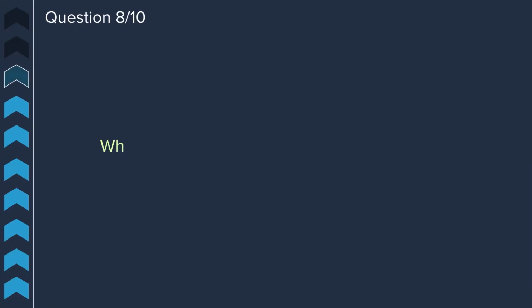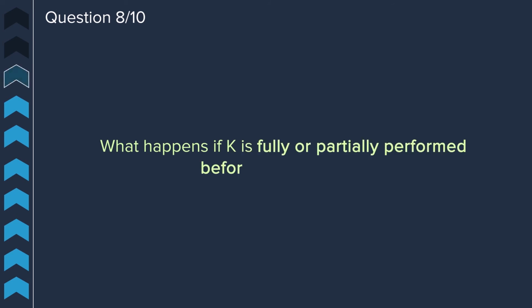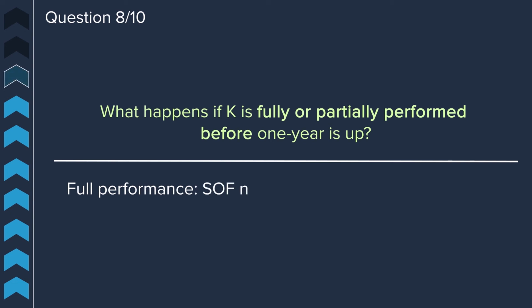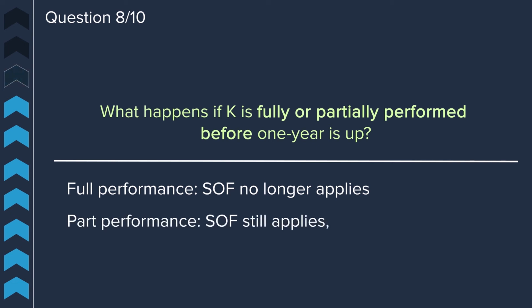Question 8. What happens if a contract is fully or partially performed before the 1 year is up? If there has been full performance, then the Statute of Frauds no longer applies. However, if there's only been partial performance, then the Statute of Frauds still applies, but restitution is available.